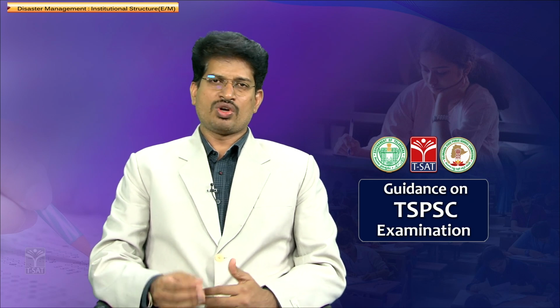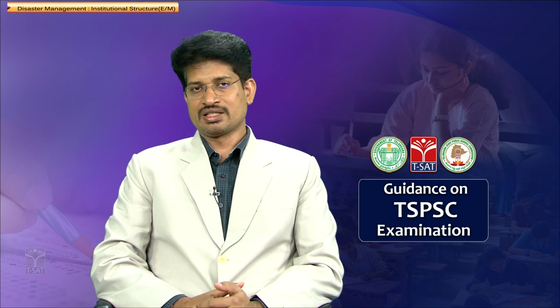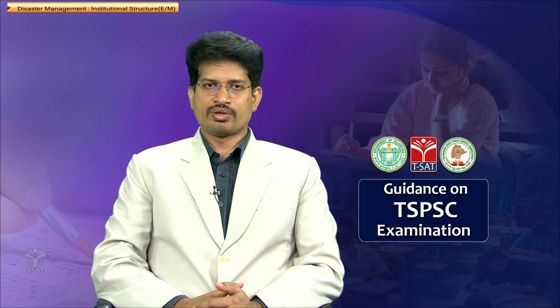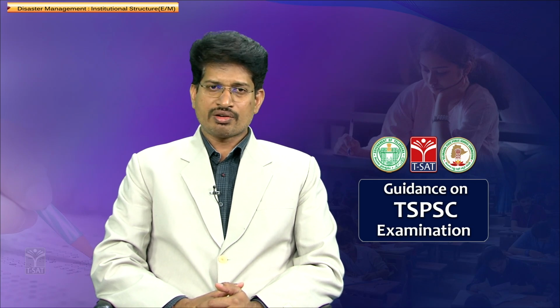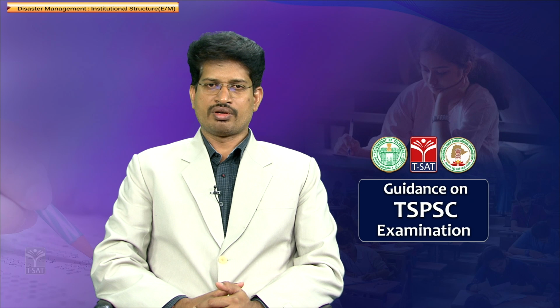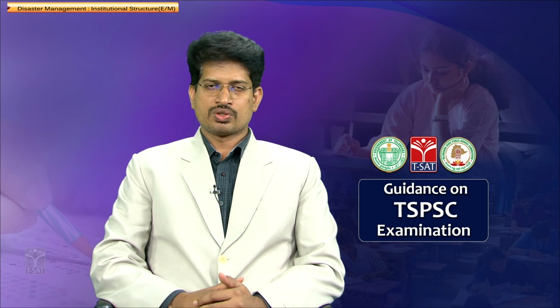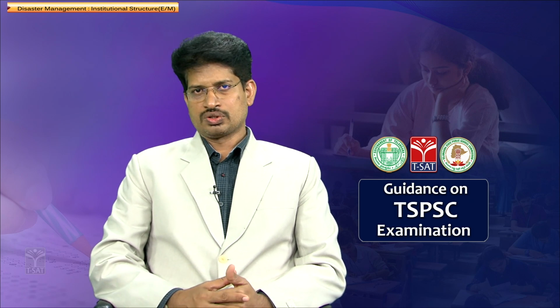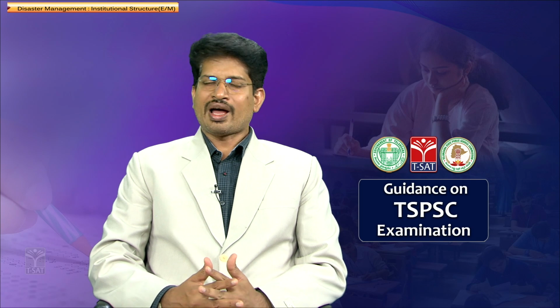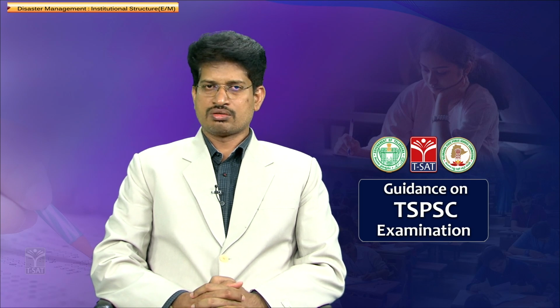Warning phase. When you have predicted, you must be able to warn the people in advance. This is one of the major phases of disaster response. When you are able to warn the people, actions can be taken in advance to avoid the loss.